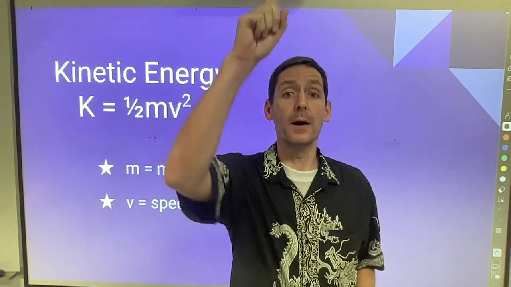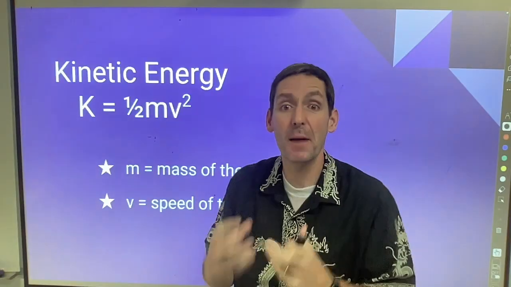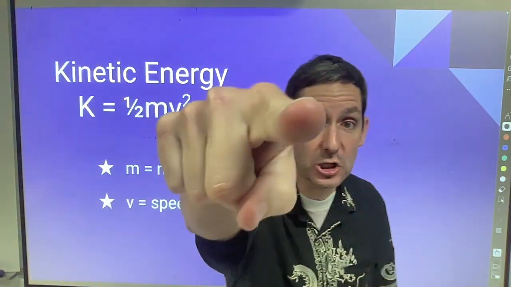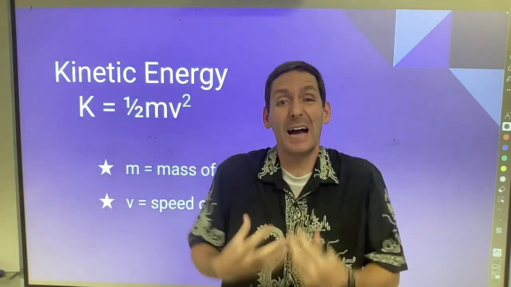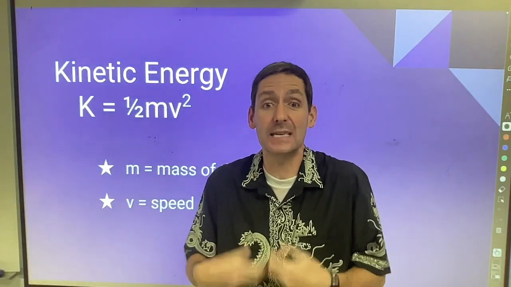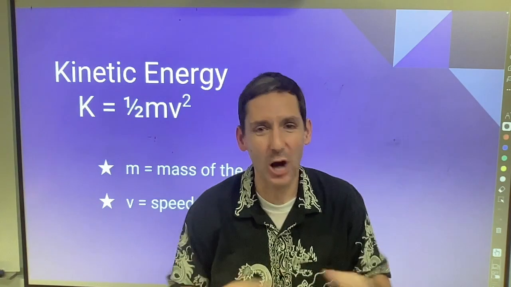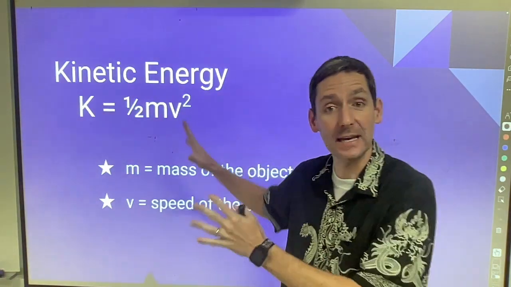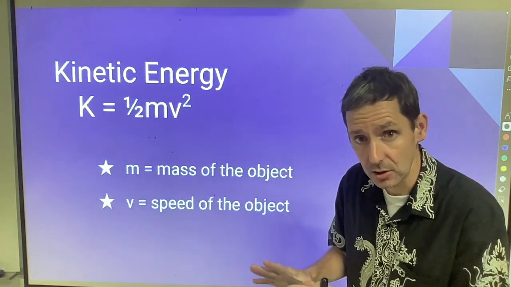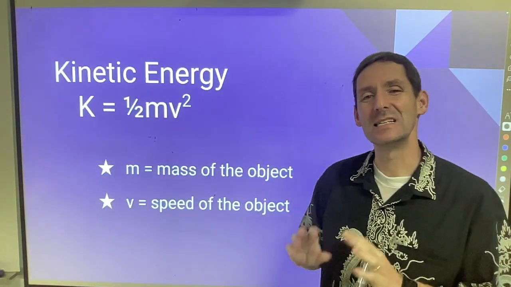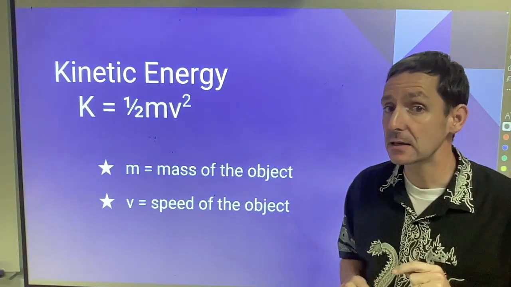If I go up 10 meters a second, I have the same amount of kinetic energy. If I go straight towards you with a speed of 10 meters a second, I still have the same amount of energy, the same ability to do work, regardless of the direction that I'm traveling. And so therefore, kinetic energy is not a vector, and v is the speed of the object, not the velocity.